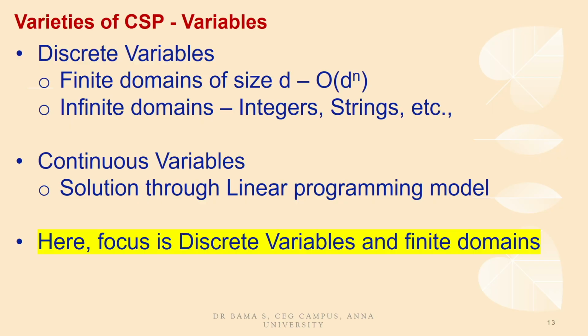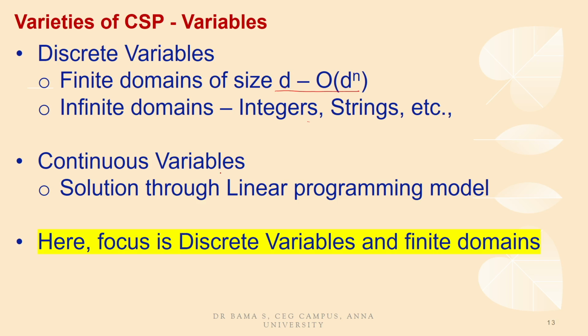Now, in the variables itself, we can see discrete variables. The examples that we have seen so far are discrete variables, where the domains are of size d, and this is obviously going to be in the order of d power n. There are also infinite domains, for example, integers or strings. This can go on and on.